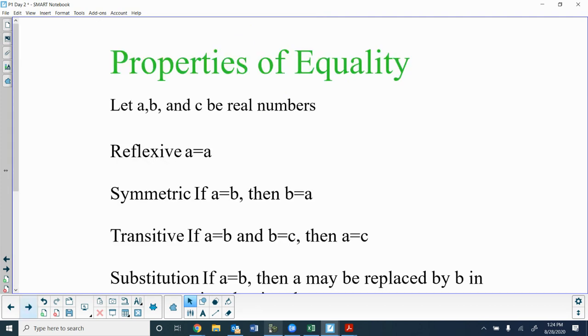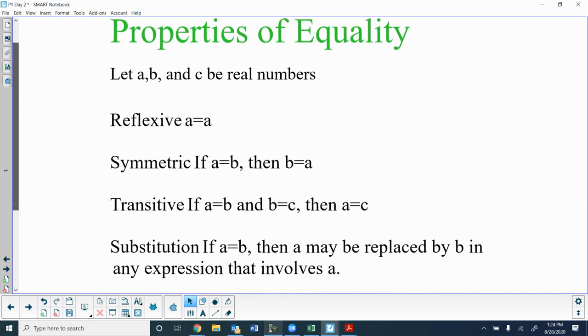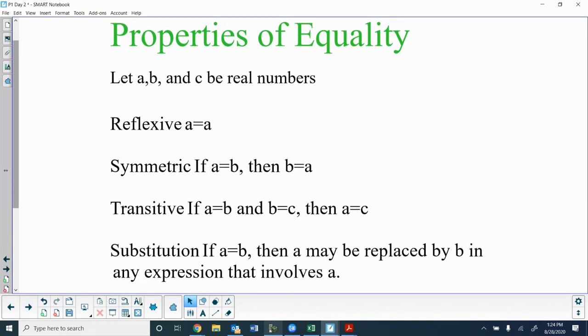Oh, this again, you're not going to be tested or quizzed on this, but just to remind you, the properties of equality. Reflexive property says that anything equals itself. It's like a reflection. Symmetric property says if A equals B, then I can switch the order and say B equals A. They're still equal.